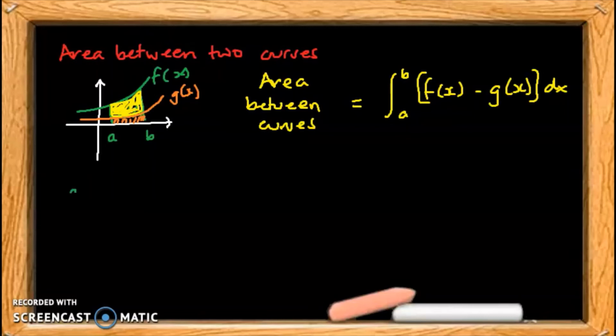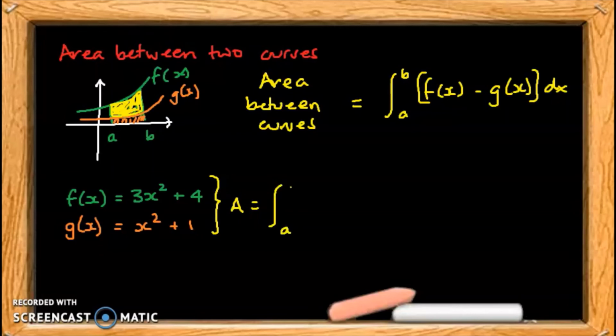So for example, if f of x was 3x squared, for argument's sake, plus 4, and if g of x was x squared plus 1, then my area between the two curves, between A and B, would be the integral of f of x, 3x squared plus 4, minus g of x, which is x squared plus 1, all with respect to x.